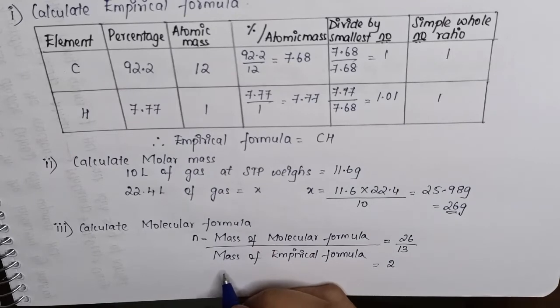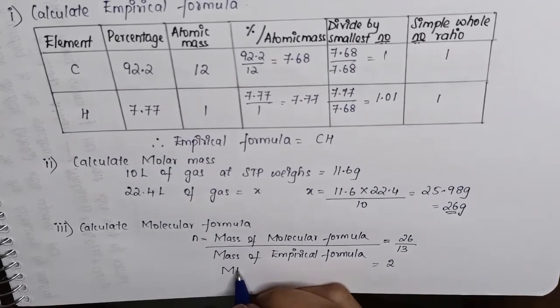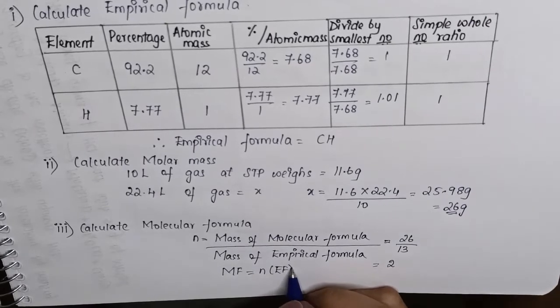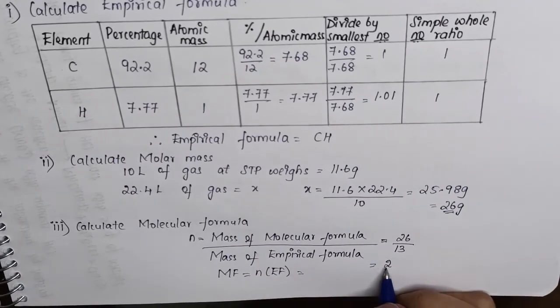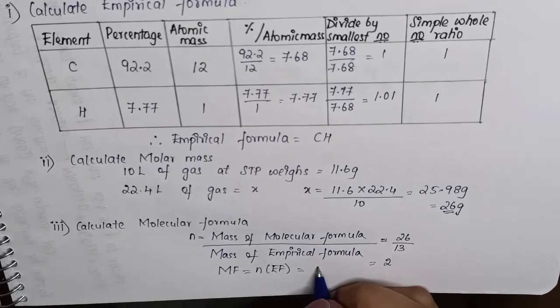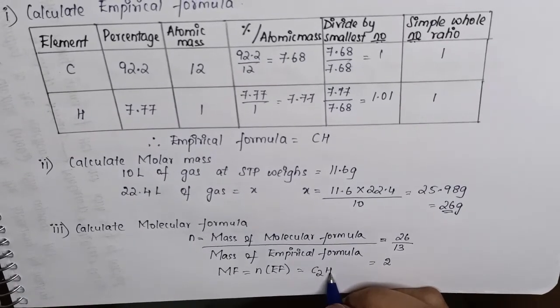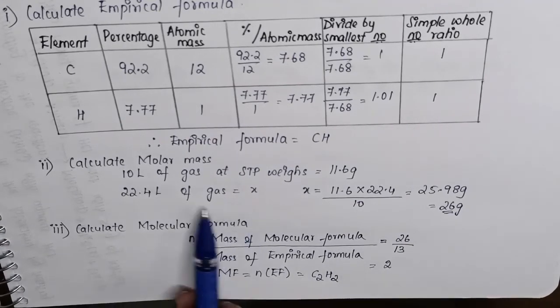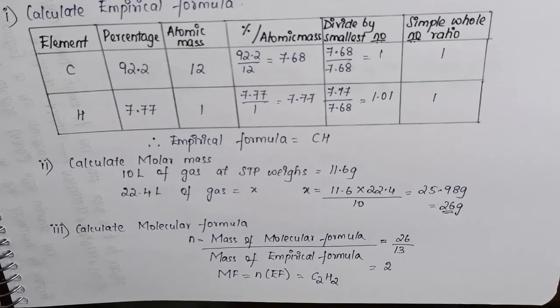So therefore you can write that the molecular formula is equal to N into empirical formula. So which is 2 into the empirical formula. So therefore your molecular formula is going to be C2H2. So here you get your third answer, which is C2H2, for the molecular formula.